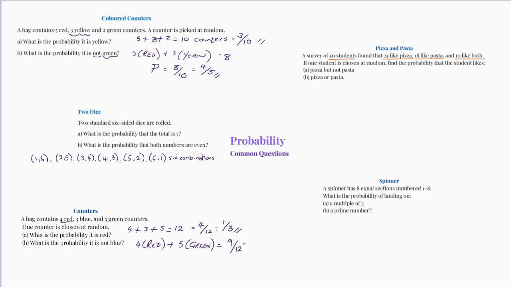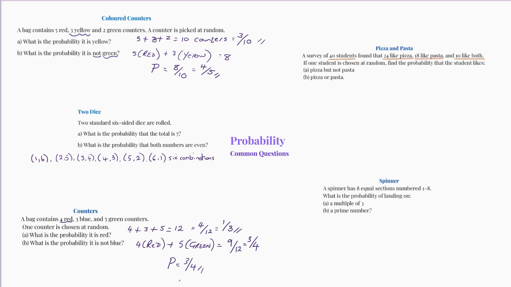Can we simplify it? Yes, we can. 3's into 9 go 3, and 3's into 12 go 4. So the probability of it not being blue is 3/4. So they're very similar questions. Very good to learn these kinds of questions as well.